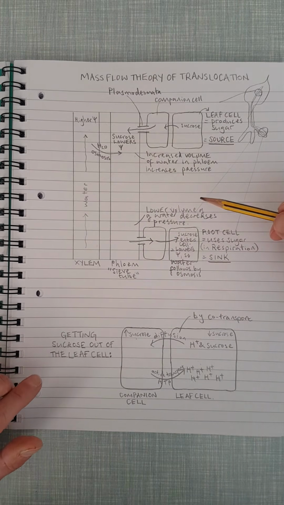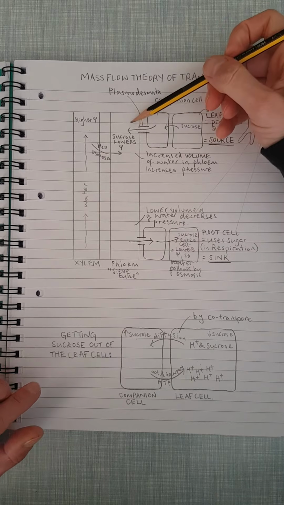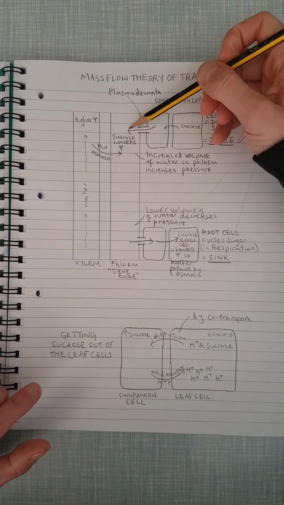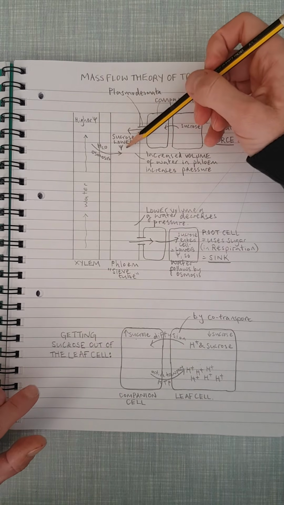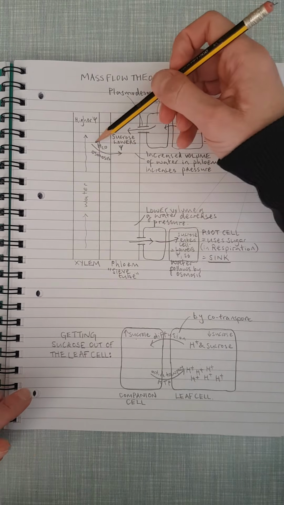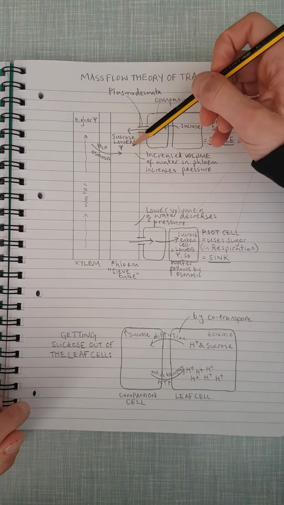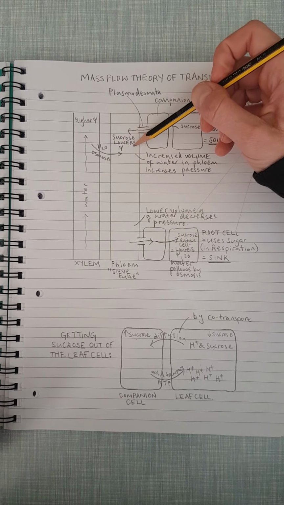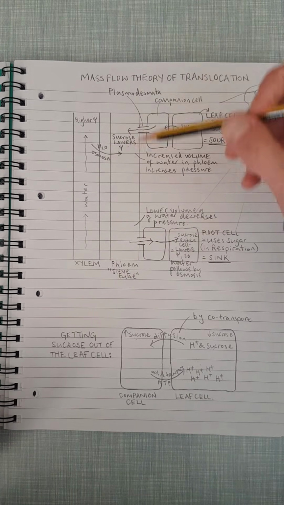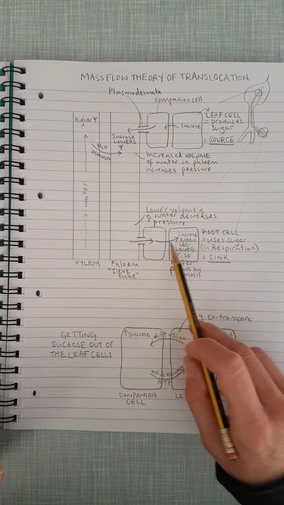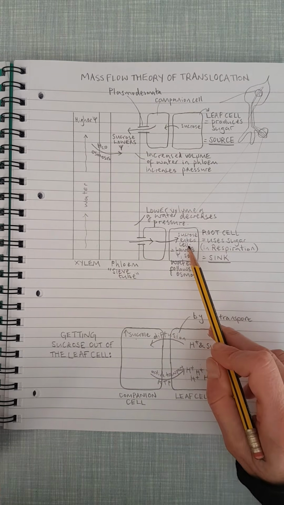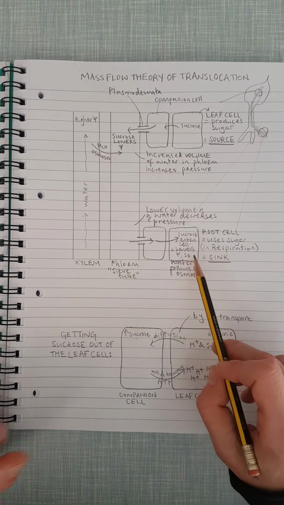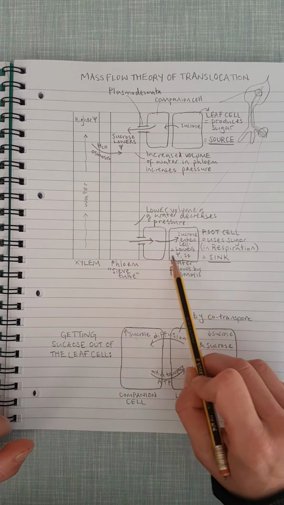Okay, so let's recap. The sucrose enters the phloem, it lowers the water potential. That means that water comes into the phloem from the xylem down a water potential gradient. That means you've got a higher volume of water, and so you're going to increase the pressure. Meanwhile, the sucrose enters the cell at the bottom of the plant, lowering the water potential, so water follows by osmosis.